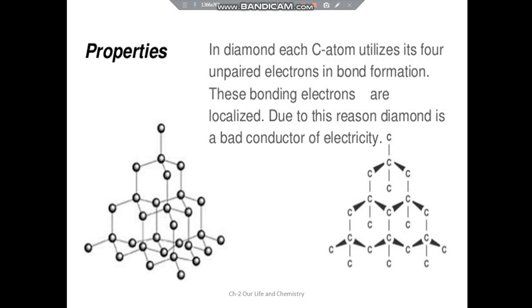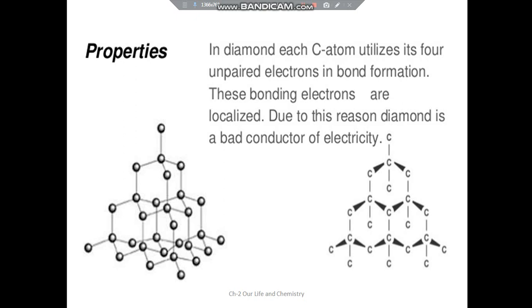In diamond we have a structure like this. If you see the properties, it is colorless and transparent. Sometimes we have different colors, like black diamond, purple diamond, red diamond, and basically these colors are in the diamond because of some impurity in it.